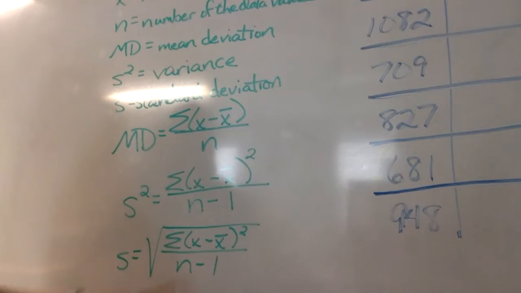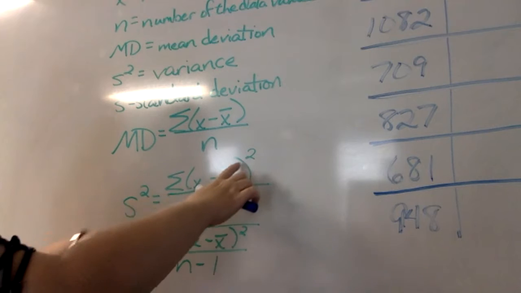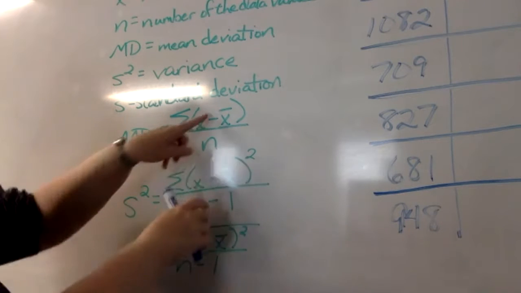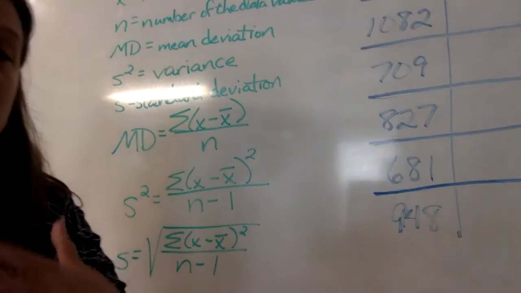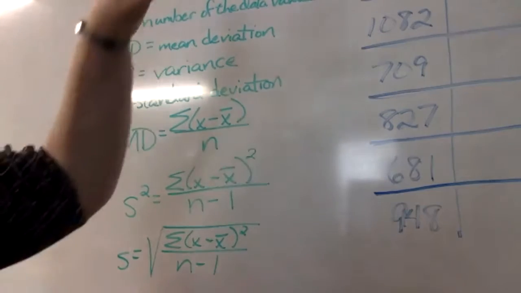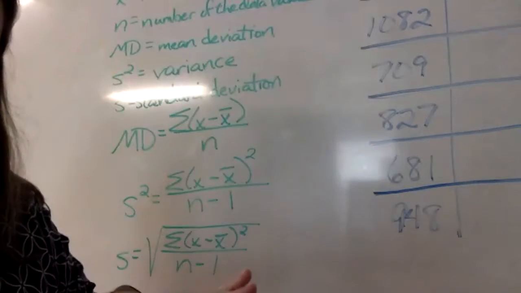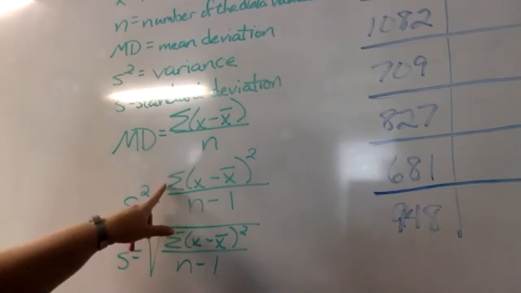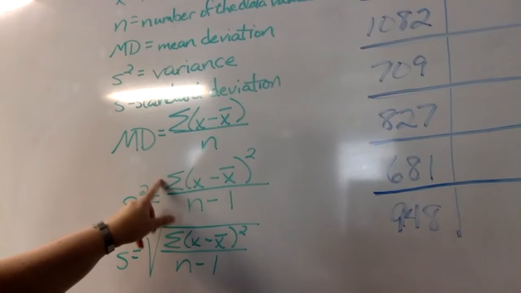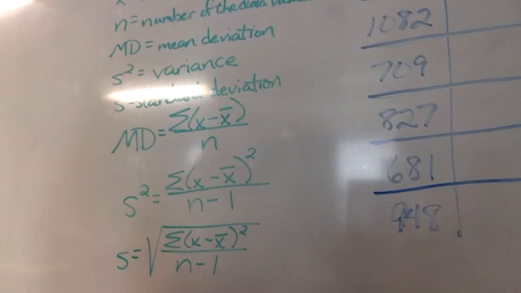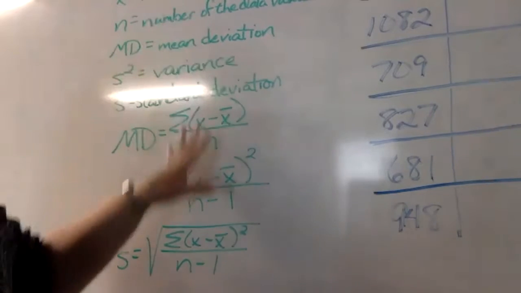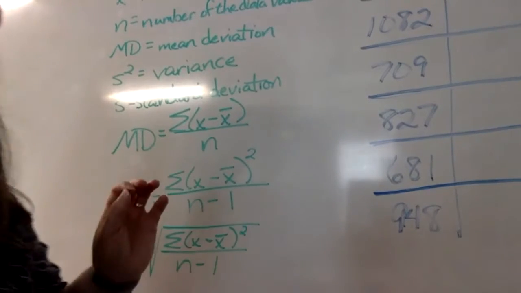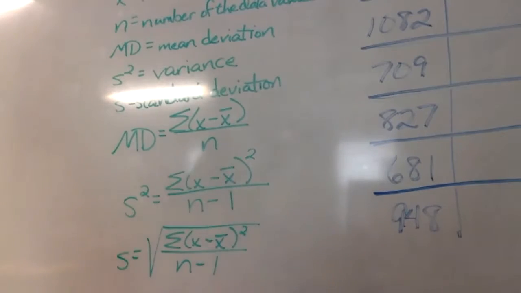And then my next column is x minus the mean squared. I'm going to square the answer from the previous one for the next one. So it makes it a lot easier if you do all that work in a table, and then it's a lot easier to go back and add up what you need when you're plugging it into the formula. It looks complicated, it's just time consuming, not complicated.